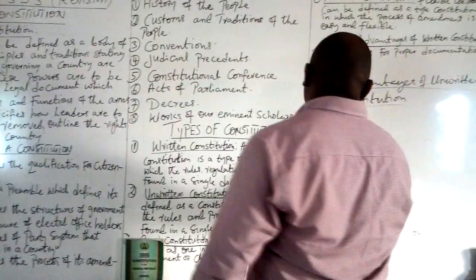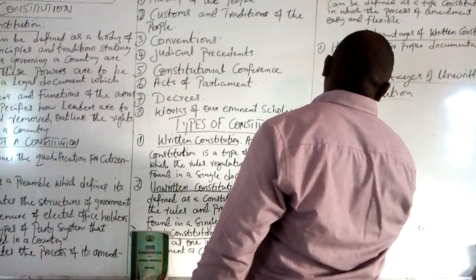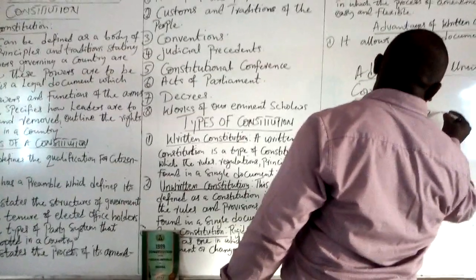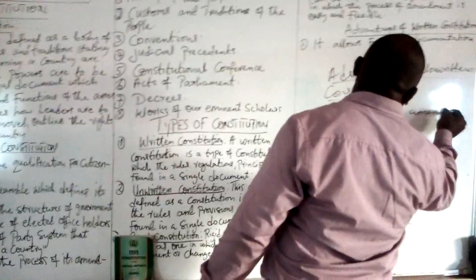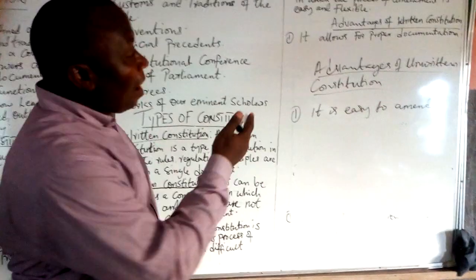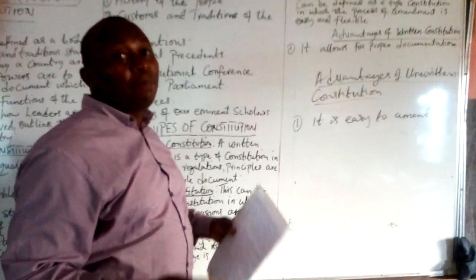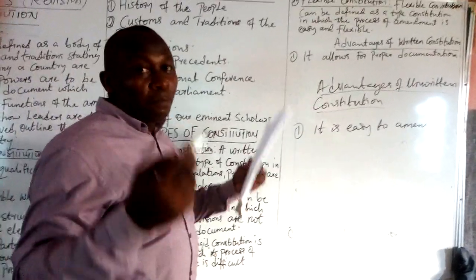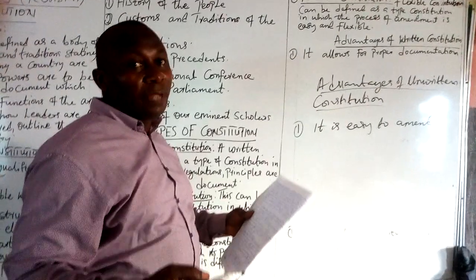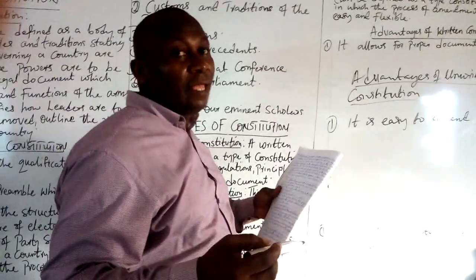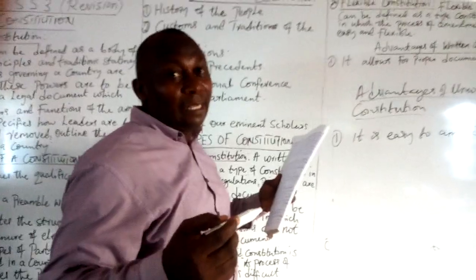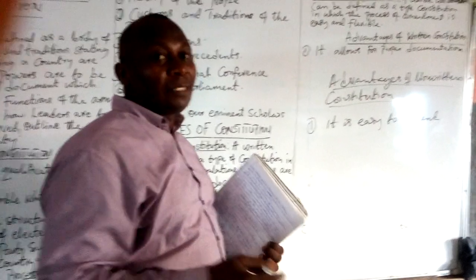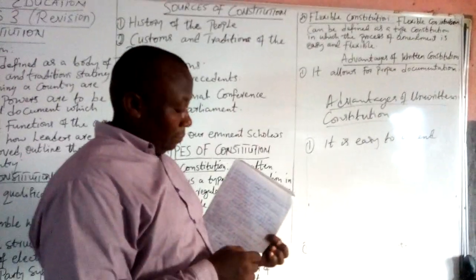One of them is that it is easy to amend. An unwritten constitution can be easily amended, since all that needs to be done is just for the leader to pronounce that this thing needs to be done, and the whole community knows. Since the word of the leader is law, you can easily amend that constitution because there's no document that you need to rewrite again.